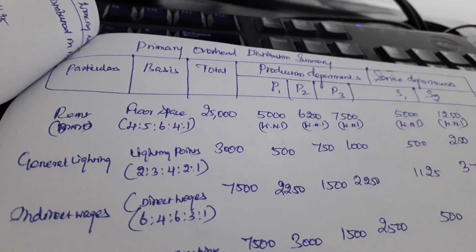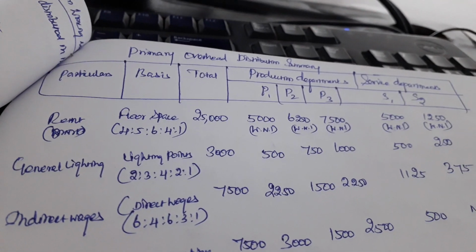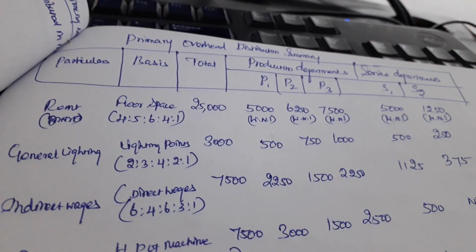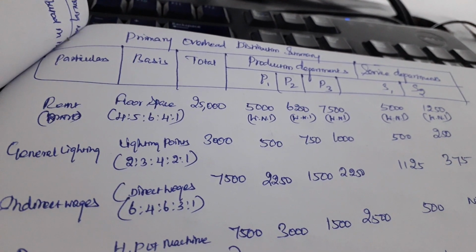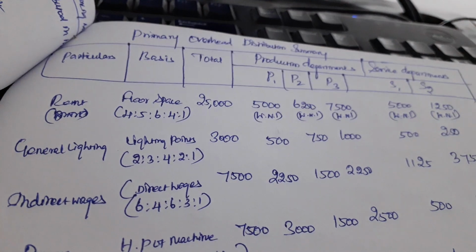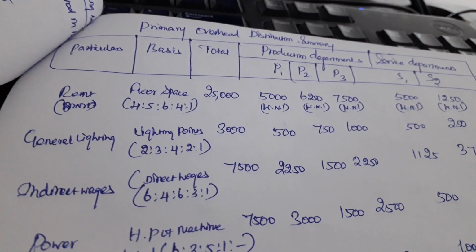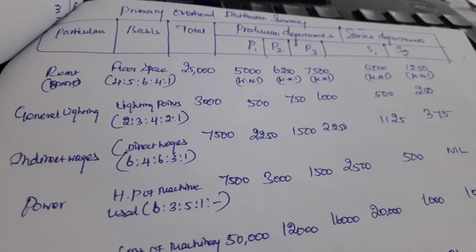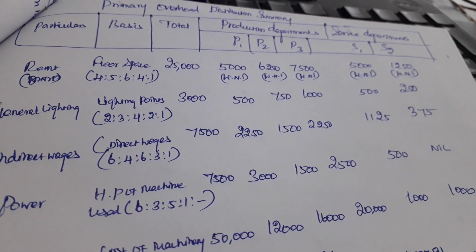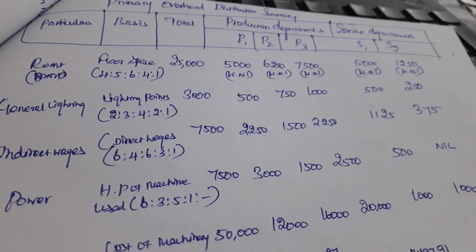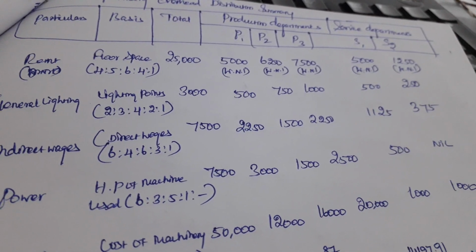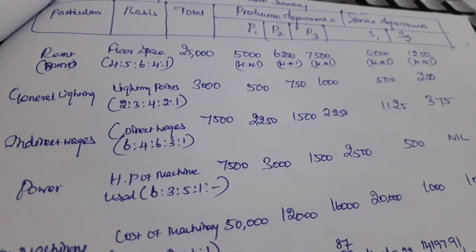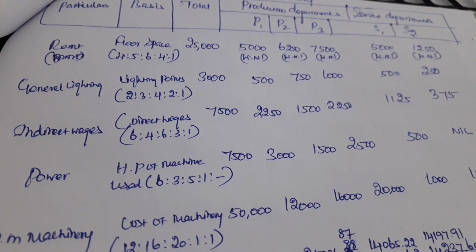Here is the format for a production overhead distribution summary. The headings would be particulars, basis, total, production departments, service departments. Rent and rates on the basis of floor space, 25,000; the values we have already calculated in the working notes.